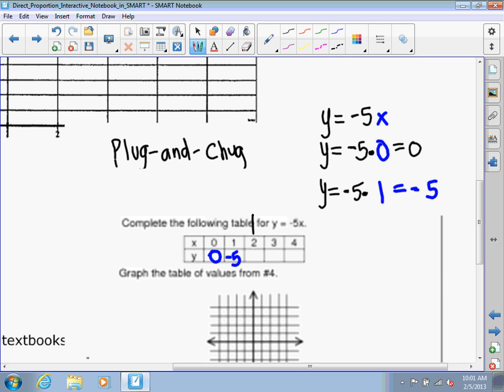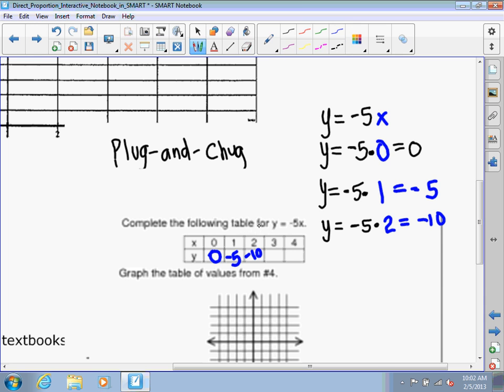Okay? What's the next number we're going to plug and chug? A 2, regular pencil. Y equals negative 5 times 2. What is negative 5 times 2? Negative 10. So we get negative 10.